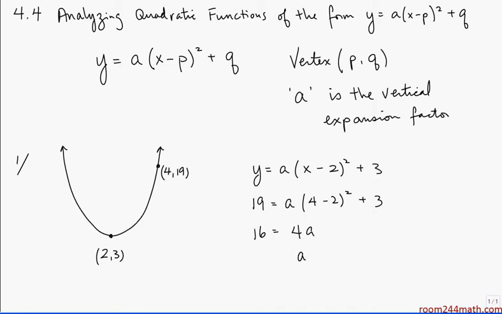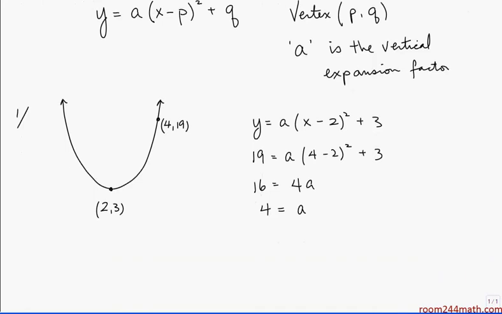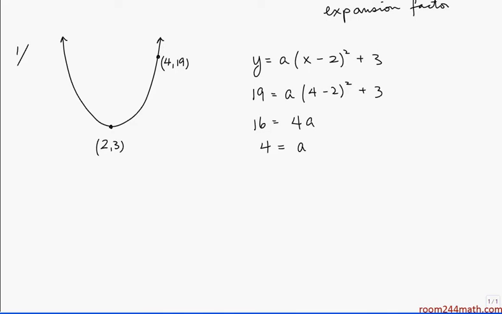Then we can divide both sides by 4 to get a value of a of 4. So it's positive, exactly as we expected, and we can now write the full equation of this parabola, this quadratic function. It is y equals 4(x minus 2) squared plus 3.